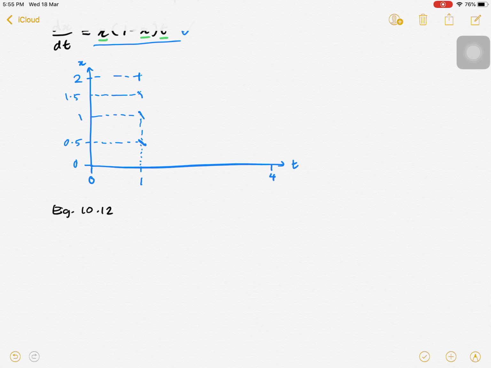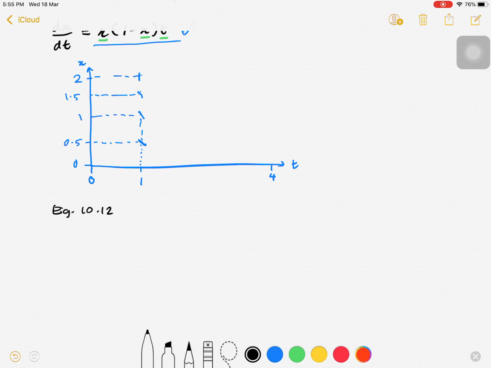The equation is dx/dt equal to -1 over 2x. From this equation we can create a direction field.